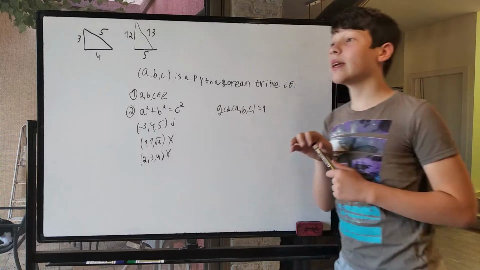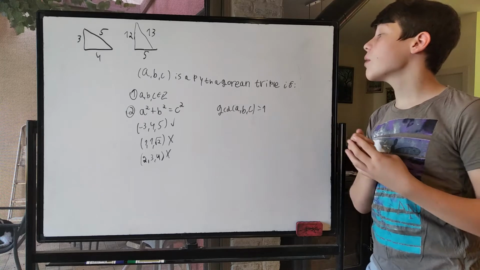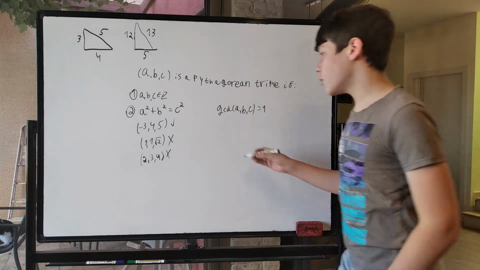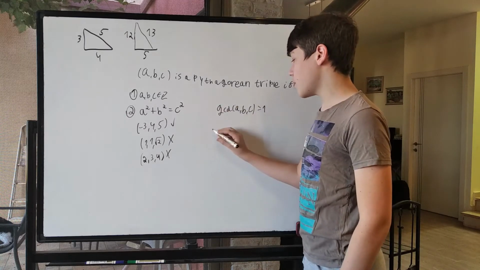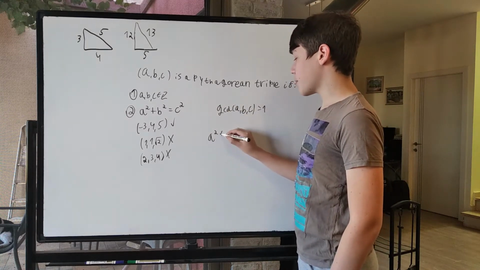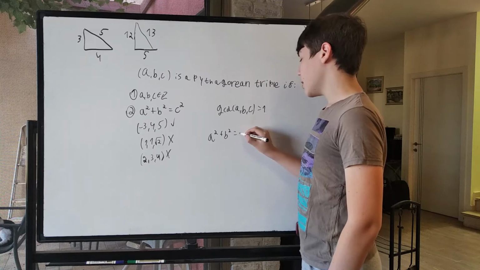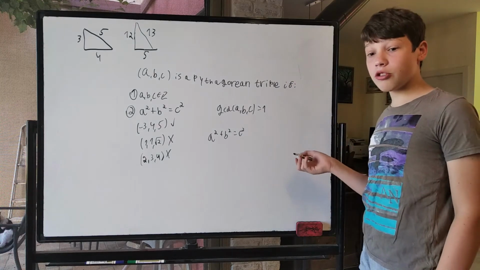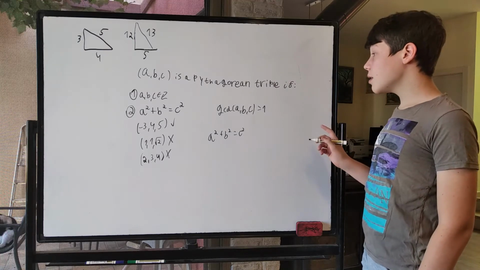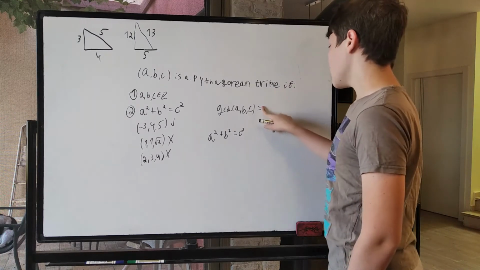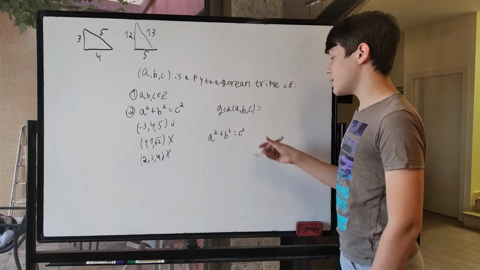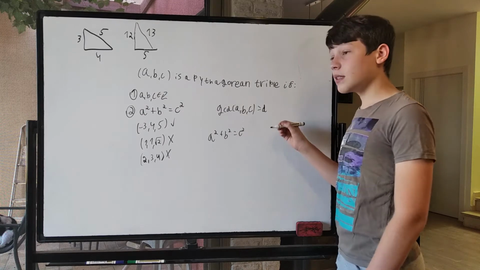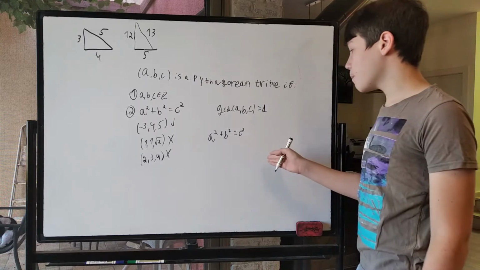And we can see that we can get every Pythagorean triple from just the primitive ones. Because if we have a Pythagorean triple, so we have our a squared plus b squared equals c squared. It's just a general Pythagorean triple. Then, let's call the GCD of A, B, and C D, the biggest number that divides all three of them.